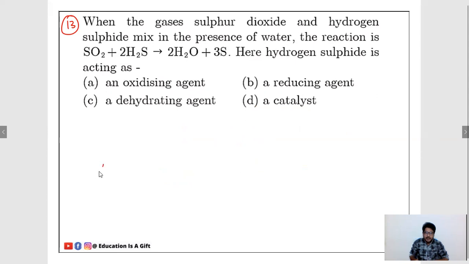If you remember the first bit, I told you XO plus Y gives rise to YO plus X. Here we can consider Y as hydrogen in H2S, and SO2 with X as sulfur, gives rise to Y, that is hydrogen, with oxygen, plus X. What is that X?